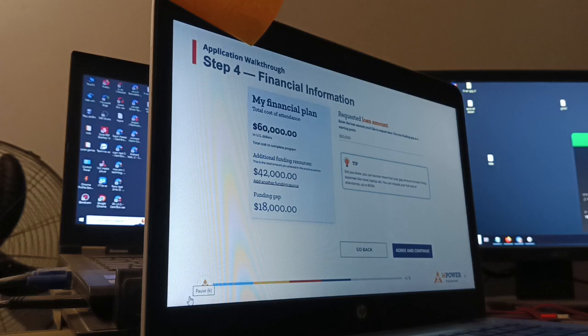Because you're able to calculate this if you look at the requested loan amount section, you can start from funding gap, and then you can add that amount. If you think that this isn't correct, you can always go back and then check your finances.